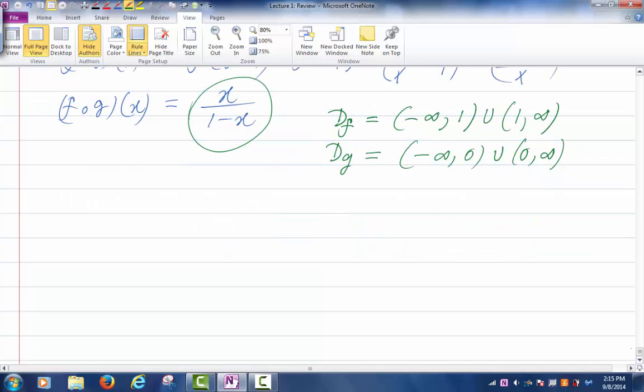So always remember that the domain of the composition will be the domain of g, and then from the domain of g, let me say it this way, sorry.